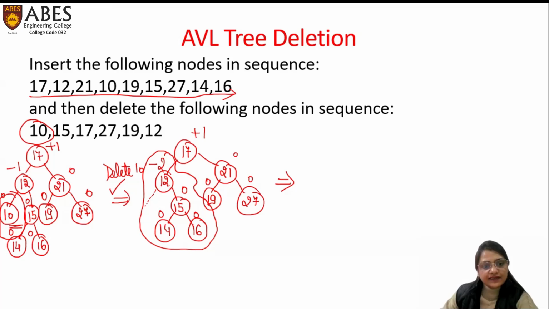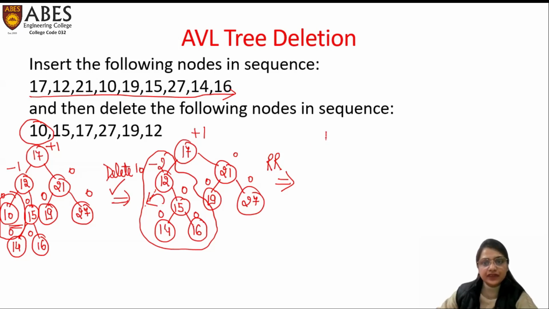We can see this part is heavy, so we have to perform the rotation in the opposite direction. That's why it will involve RR rotation. In RR rotation, there is a need of a single left rotation because this part is heavy, which is -2. It means the right part is heavy. Right part is heavy, then we have to perform a single rotation in the opposite direction.